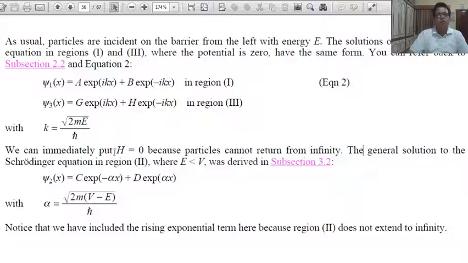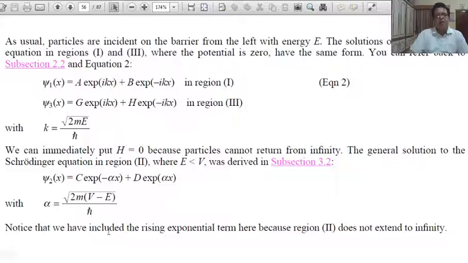The general solution to the Schrodinger equation in region 2 when E is less than V: in that case we know that alpha equals root of 2m(V minus E) upon h-bar squared, and the equation is a harmonic-type equation, and the solution is given by psi 2(x) equals C exp(-alpha x) plus D exp(alpha x).